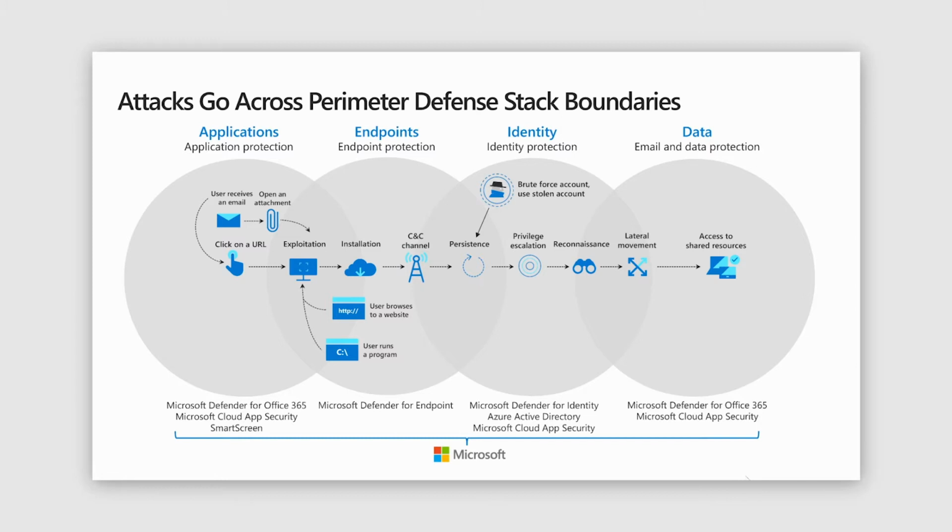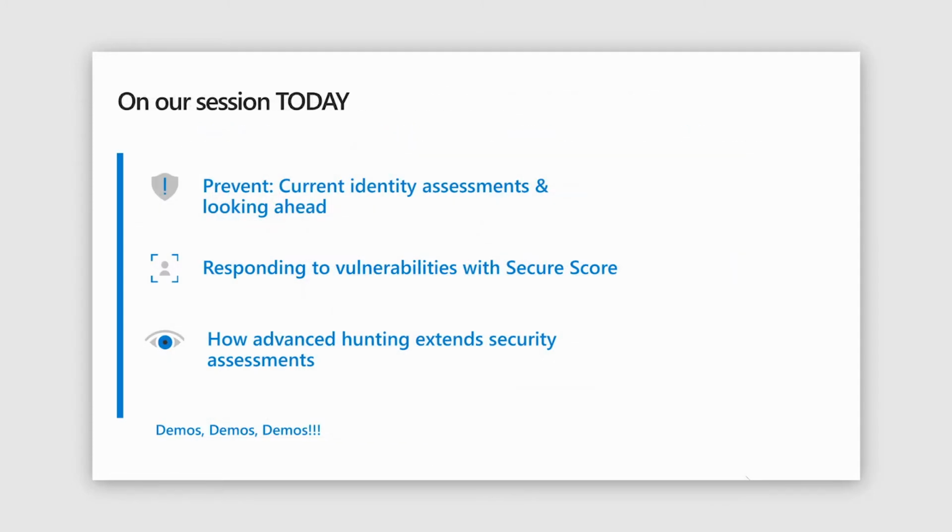And as I said, we also provide prevention capabilities that try to help the security team mitigate the threat in the first place. So in this session today, we're going to focus on the prevent part, the current identity assessment, as well as a bit of looking ahead. We're going to talk about how to integrate Defender for Identity with capabilities such as Microsoft Secure Score to respond to known vulnerabilities.